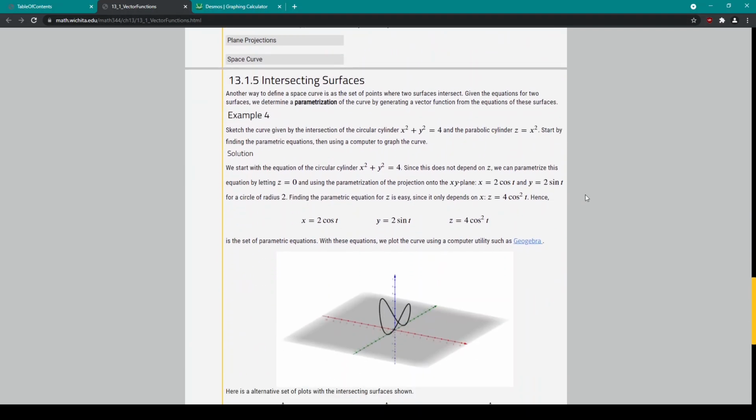The other way that we sometimes define our plane curves is by using intersecting surfaces.